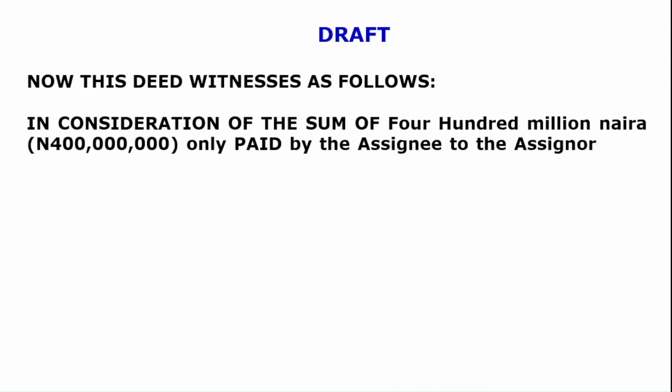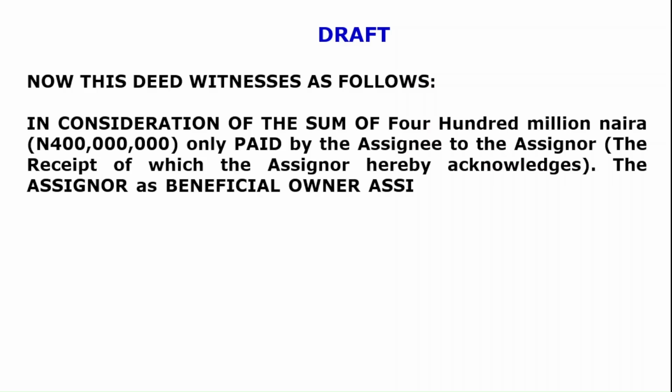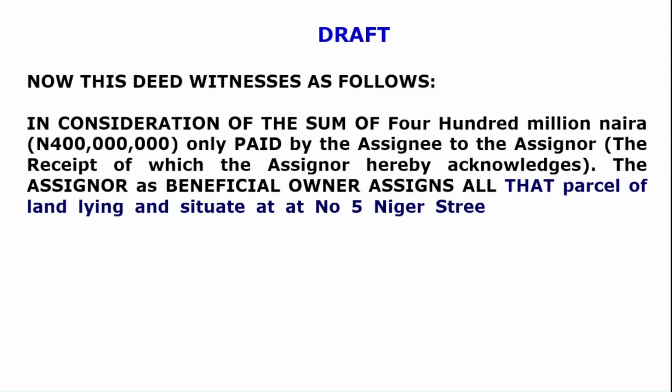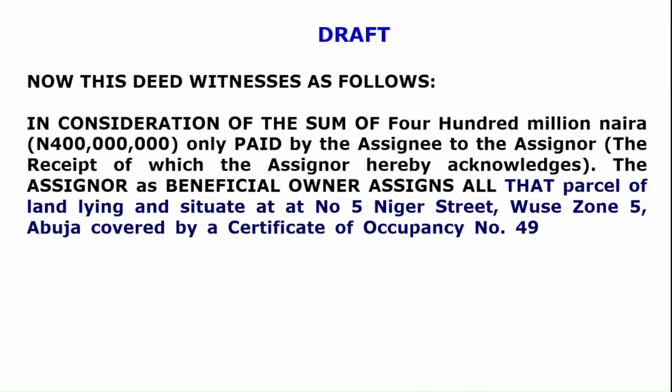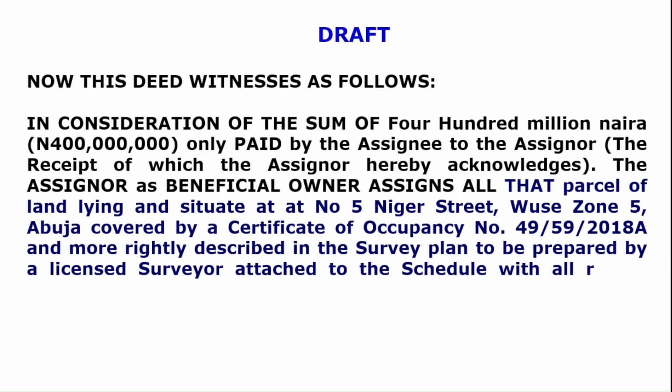In consideration of the sum of 100 million naira only, paid by the assignee to the assignor, the receipt of which the assignor hereby acknowledges, the assignor as beneficial owner assigns all that parcel of land lying and situate at number 5 Niger Street, Zone 5, Abuja, covered by certificate of occupancy number 49, page 59, volume 218, and more rightly described in the survey plan to be prepared by a licensed surveyor attached to the schedule, with all rights, easements, and appurtenances.